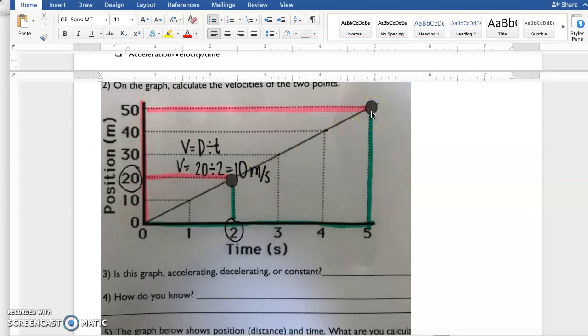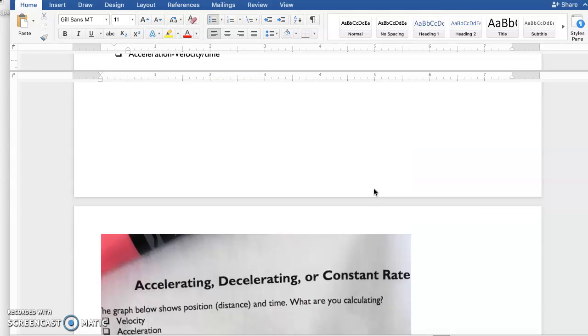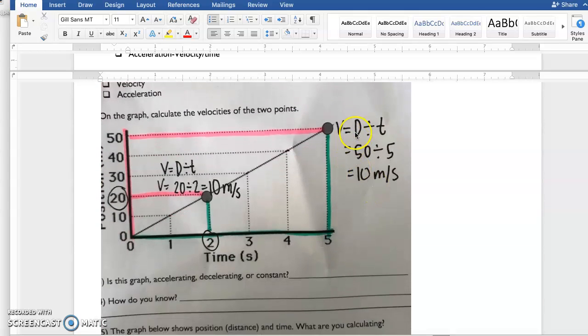It's easier if I just highlight it in red and green. The distance is 50, and the time, in green, is 5. So remember, velocity is distance divided by time. 50 divided by 5 is 10.